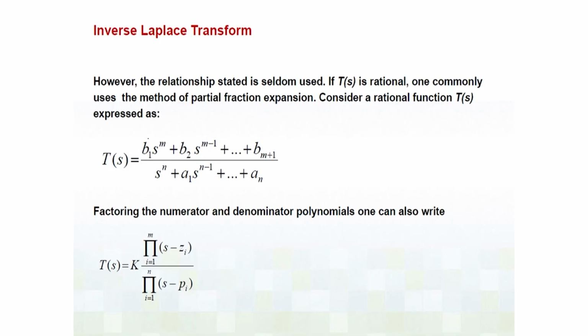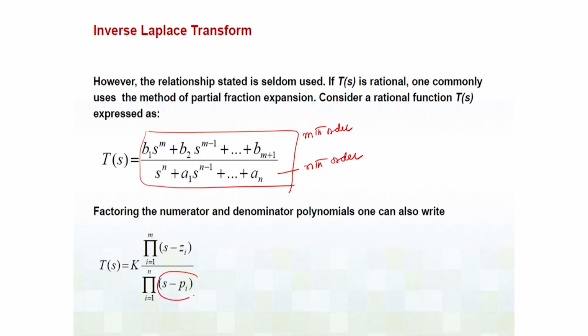So, if we have a generic transfer function, where the numerator is of mth order and denominator is of nth order, then I can carry out a partial fraction and write this in terms of the product of n roots, and these p's are the poles, and we can write the top one as the product of m zeros.